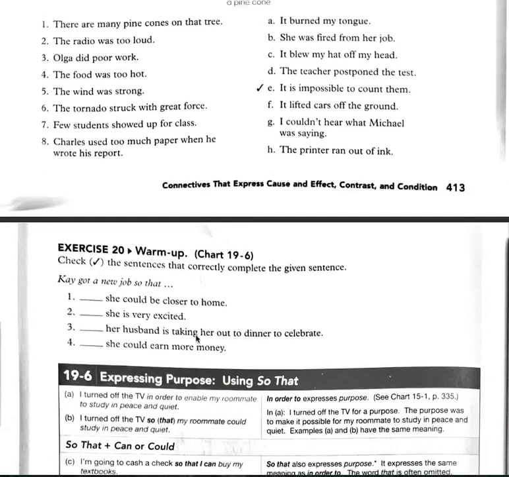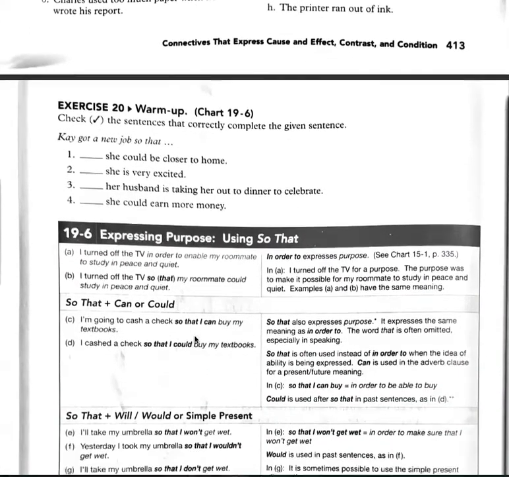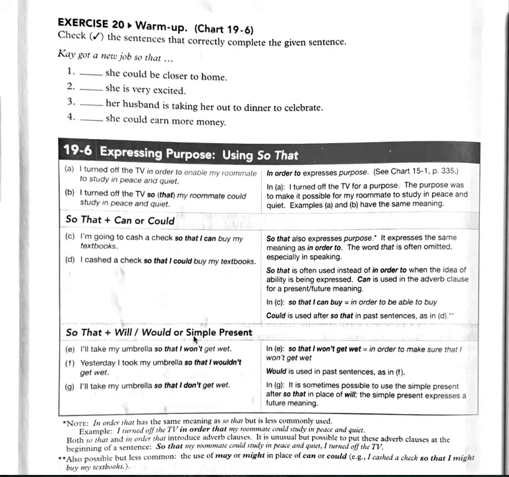Okay, if we'll go to page 414, please. On page 414, it says, check the sentences that correctly complete the given sentence. So we have number 1, 2, 3, and 4. Now, here's the beginning. Kay got a new job so that, what do you think?